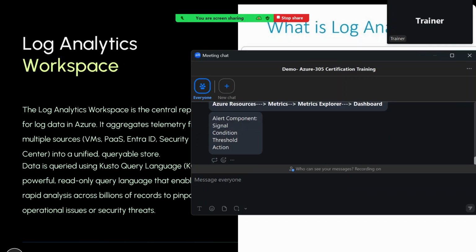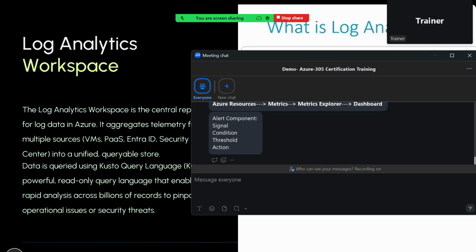Now, what is a signal? What Azure monitors is the signal, like CPU, memory, availability, custom logs, activity logs. And what is the condition? For example, if CPU is more than 85%, this is the condition. And what is the threshold?